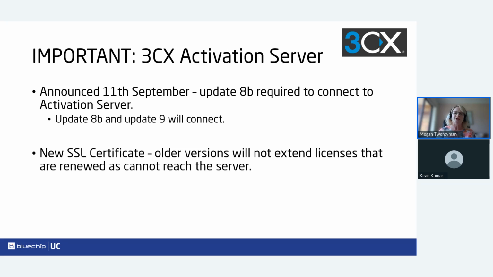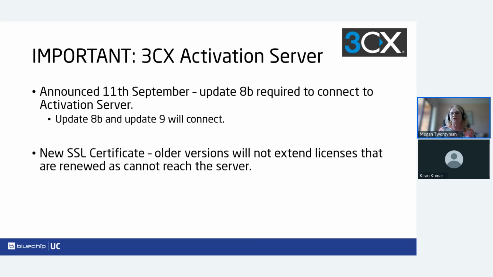Why is that important? If you renew a license for us and it's on version 18, update 7, for example, the APIs will allow that order to go through. You think you've renewed the license, it's just going to all work. Because that instance cannot connect to the activation server, it's not going to extend for its 12 months, and it will actually end up locking, even though the license has been paid for and all those types of things.